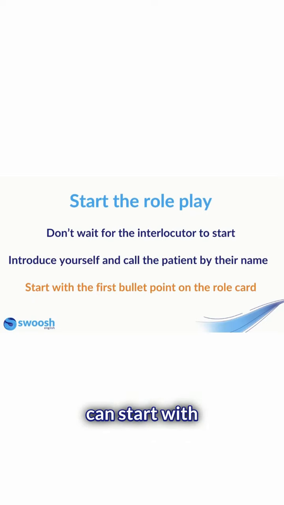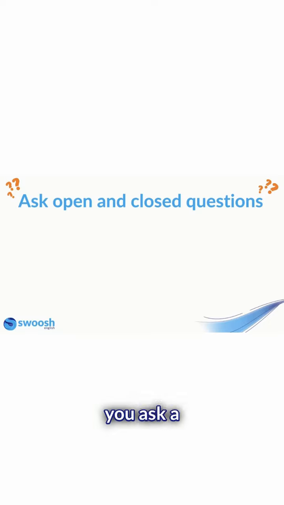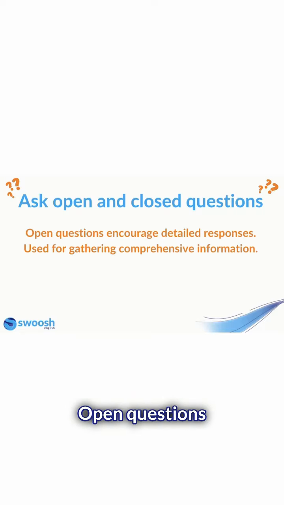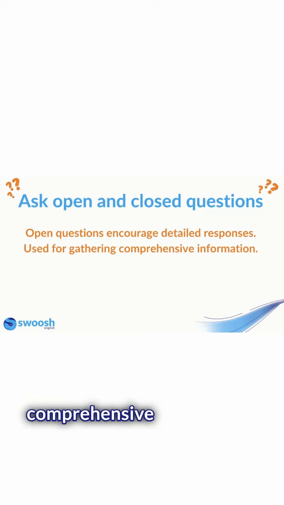And then you can start with the first bullet point and get straight on going through the tasks on the role card. You've got to make sure that you ask a mix of open and closed questions, so using these types of questions appropriately. Open questions encourage detailed responses, so this is used for gathering comprehensive information from your patient.